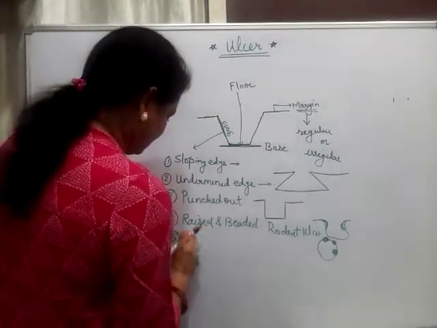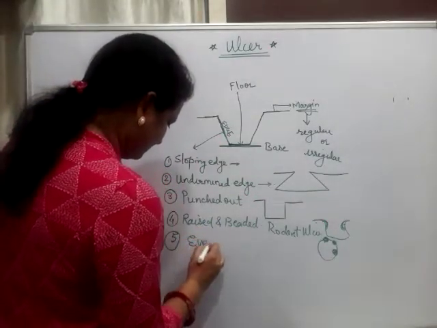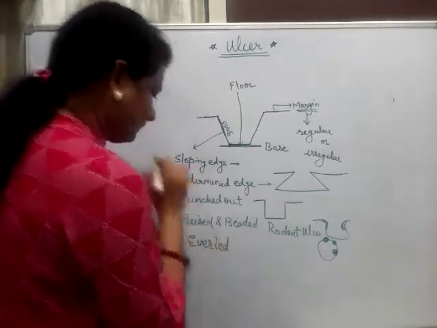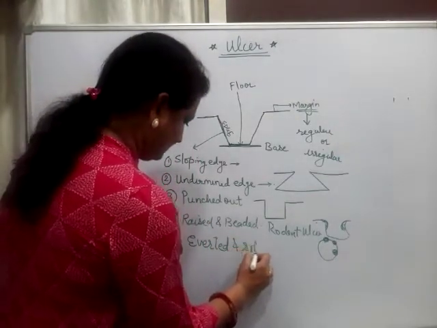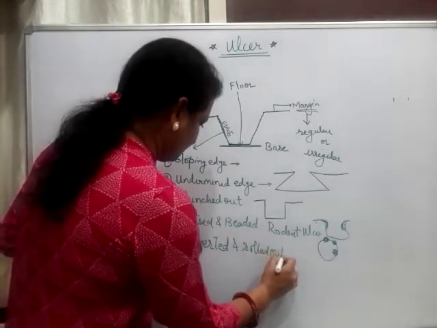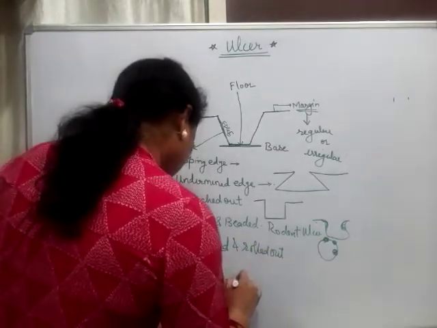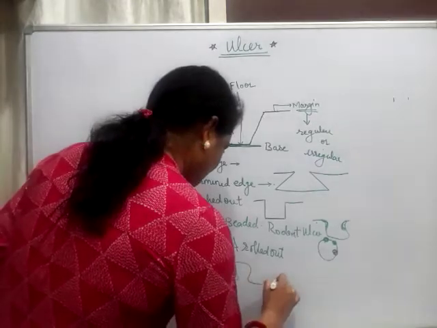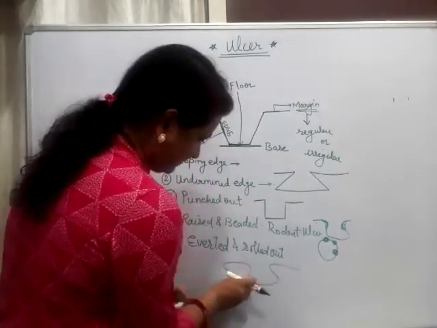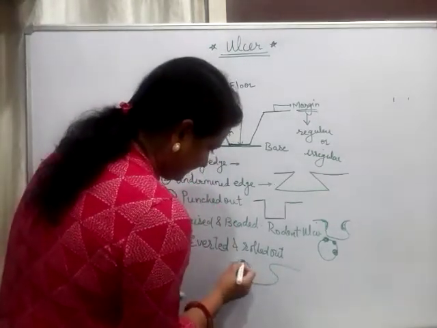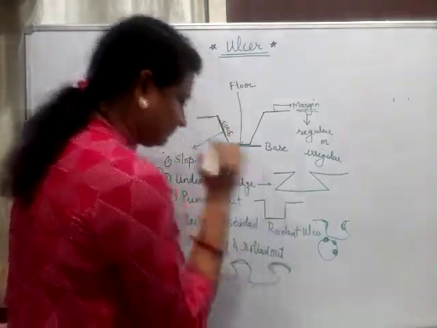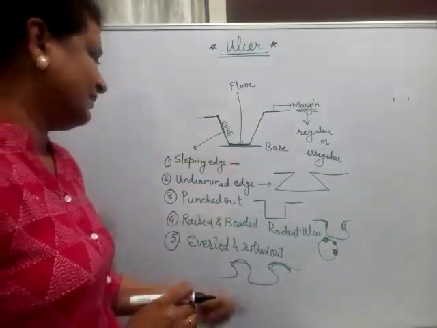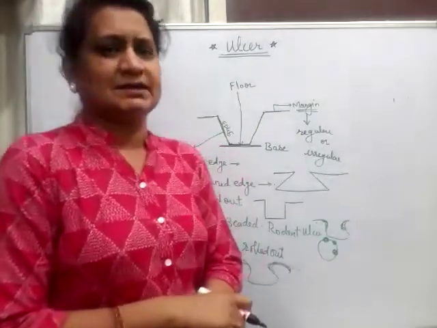So it is everted and rolled out. It is usually like this, इस तरफ बाहर की तरफ ऐसे आ जाए. So these are the different types of edges of ulcer.